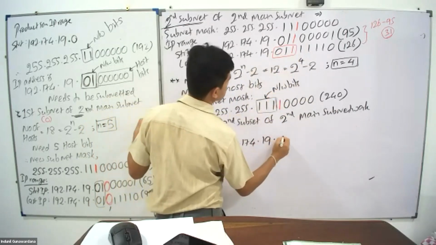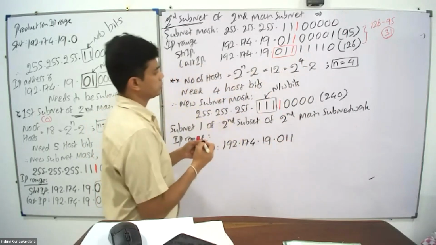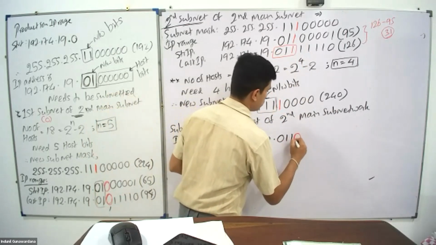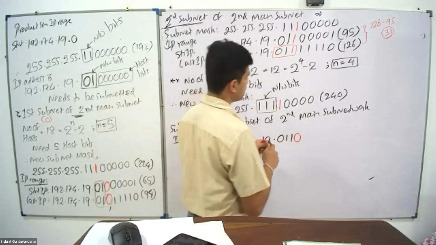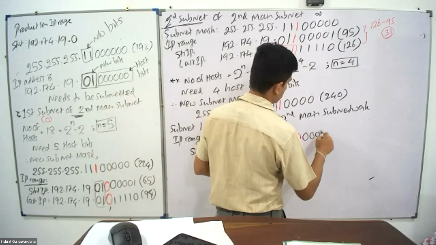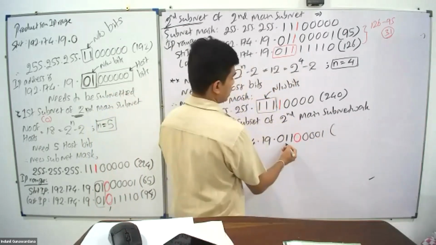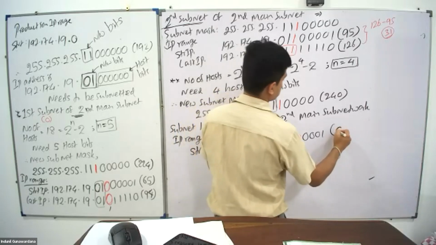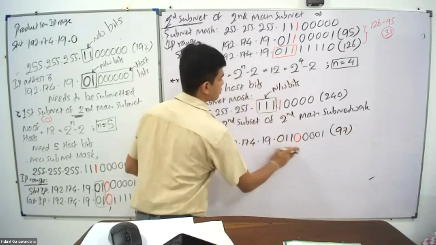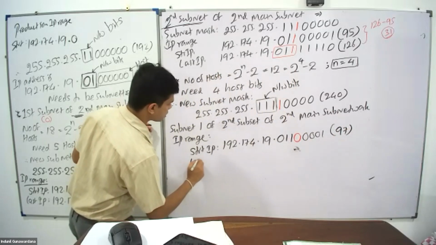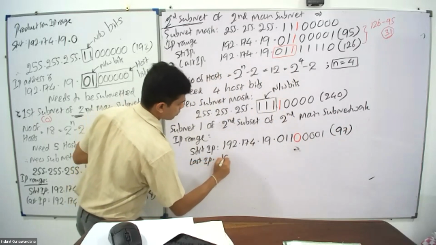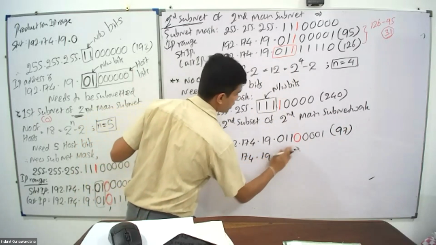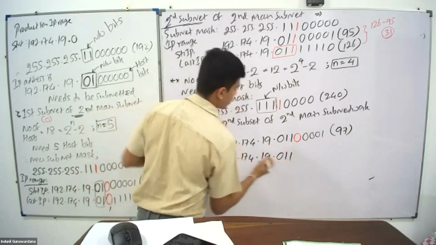So I have to maintain 192.174.19, keep them like that, 0, 1, 1. And then this is a new subnet bit, 0, and maintain 3 zeros and 1. 1, 2, 3 and 1. What is that? This is 96, 97. Then the last IP is 192.174.19, 0, 1, 1.